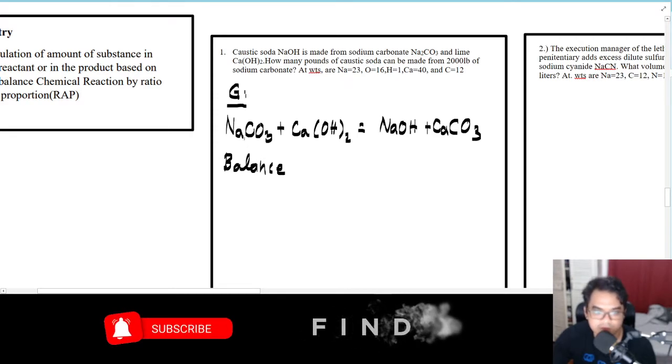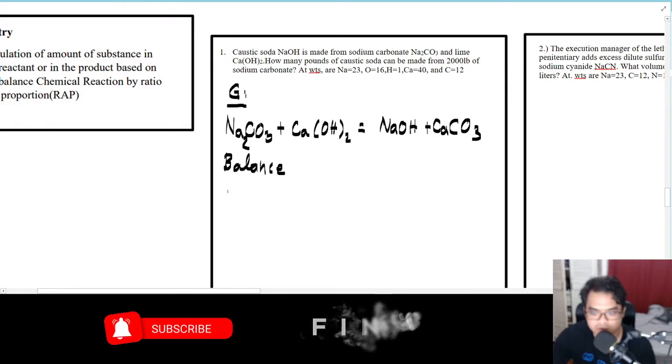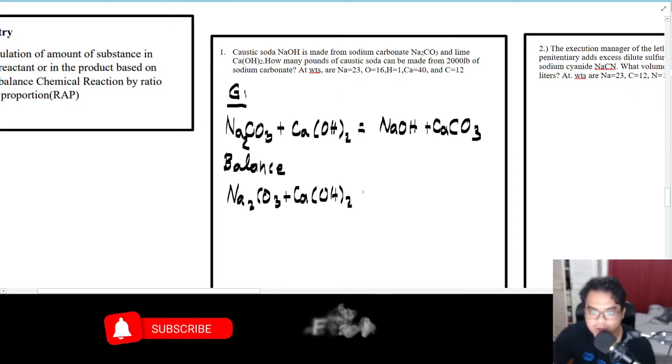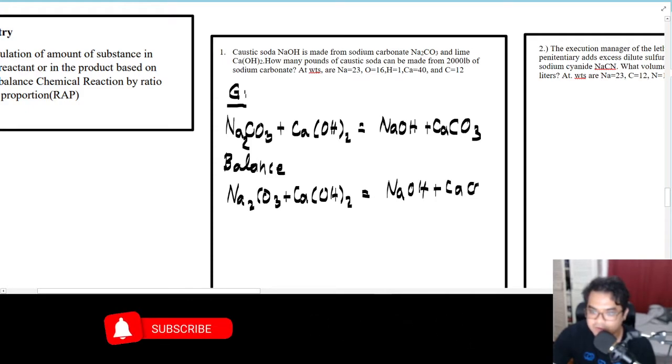This should be Na2. As you can see, we still have to balance the oxygen and the hydrogen. So if you want to balance this, you have Na2CO3 plus Ca(OH)2 equal to NaOH plus CaCO3.